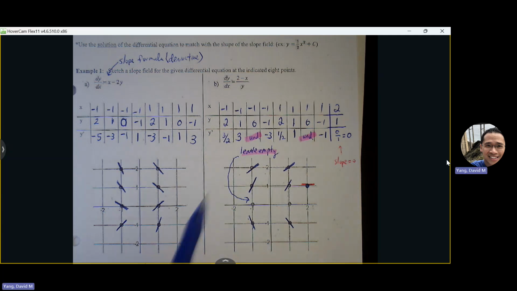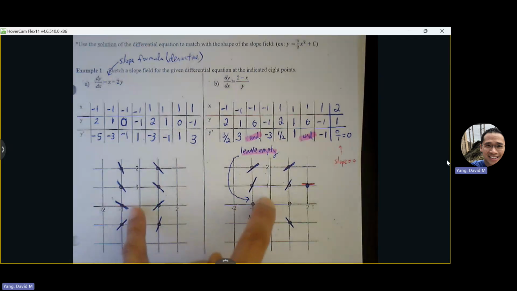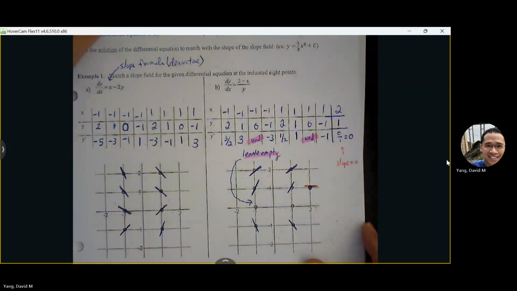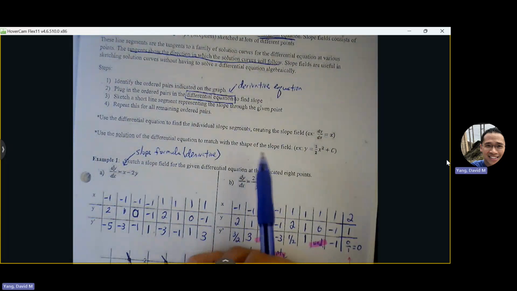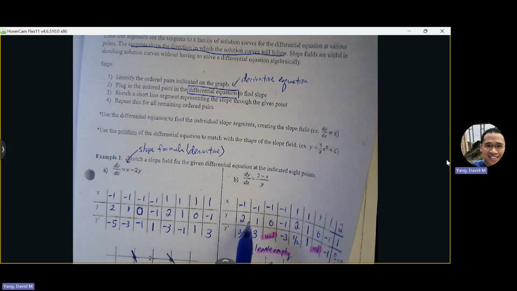All right, so this is not really going to give us an idea how the graph could look. But let's see what a slope field looks like if these were filled out across many different points.